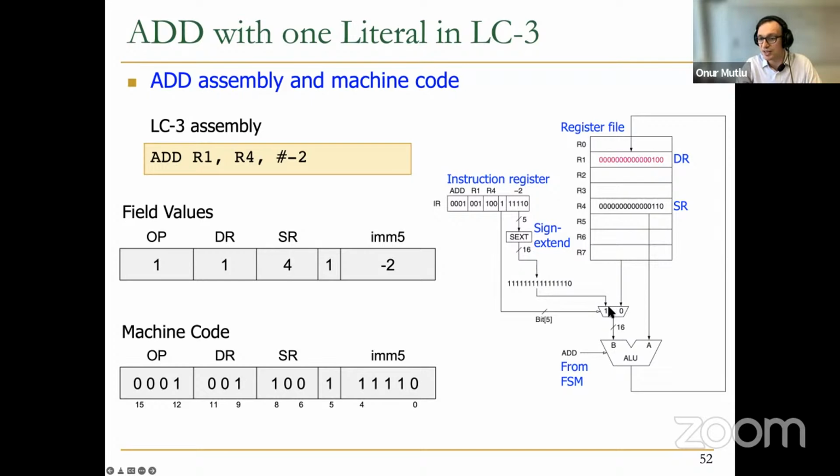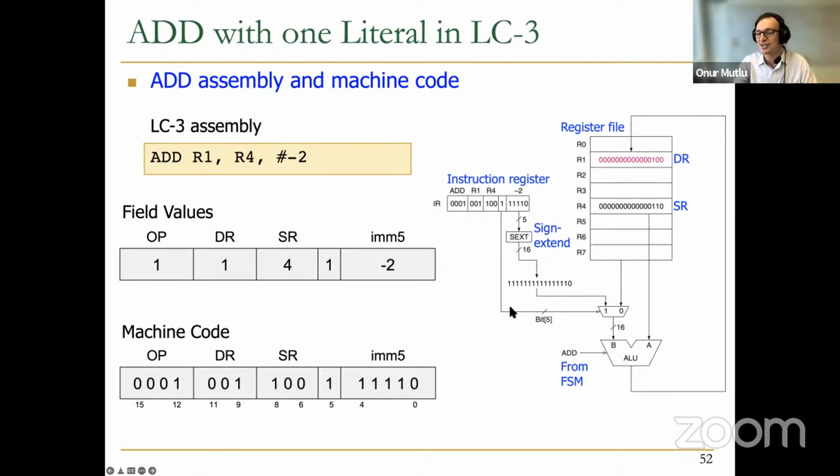And then you're going to go through this mux. This multiplexer will be controlled by bit 5 of the instruction register, which is the magic bit 5 we discussed, right? If bit 5 is 1, you select the sign extended immediate as the second input to the addition. Otherwise, if bit 5 is 0, you select source register 2 as the second input to the addition. That's why we have this mux in the data path. So it's beautiful, basically.